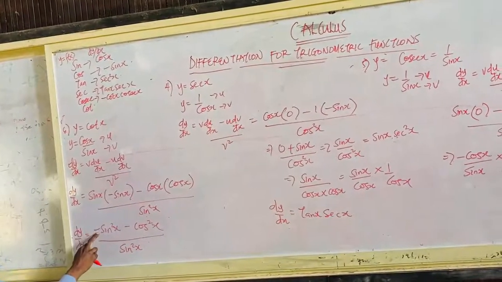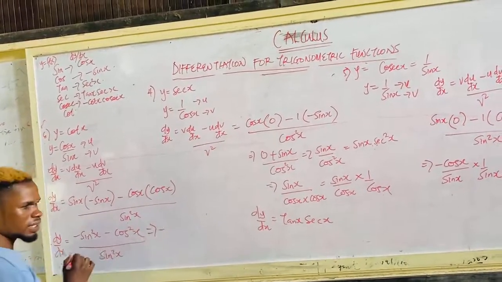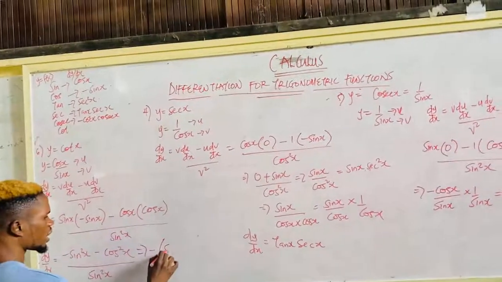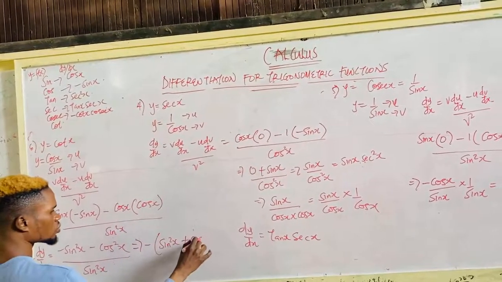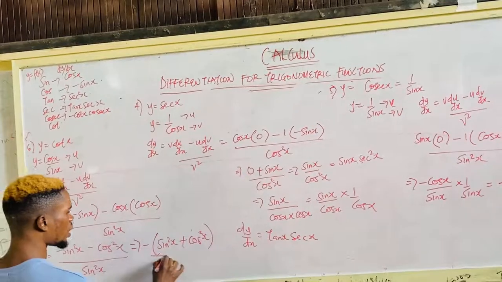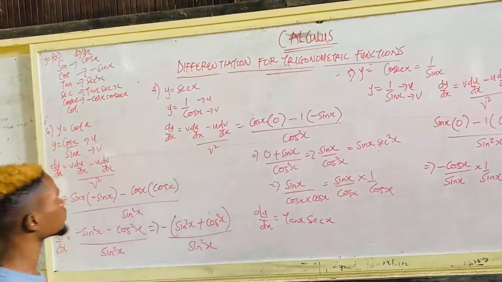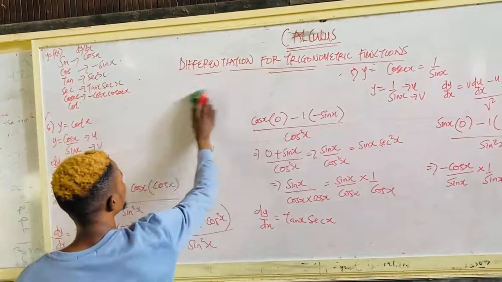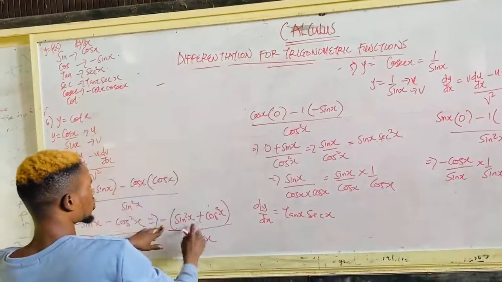Now this is a negative factor. You can write it as negative of sin square x plus cos square x over sin square x. So from here, sin square x plus cos square x is 1.